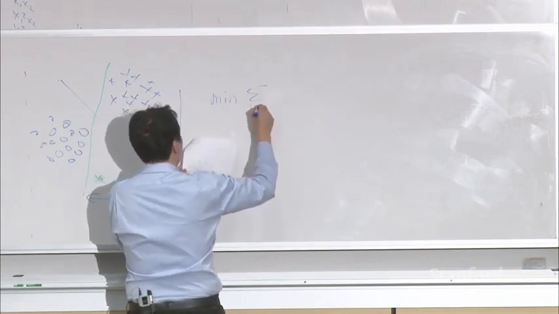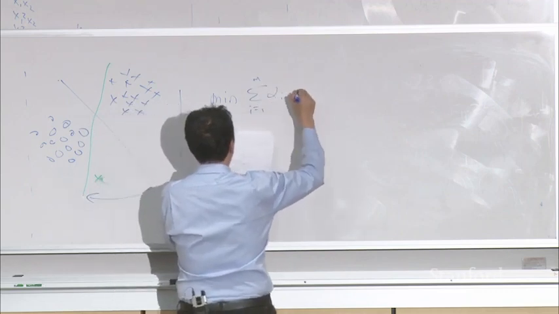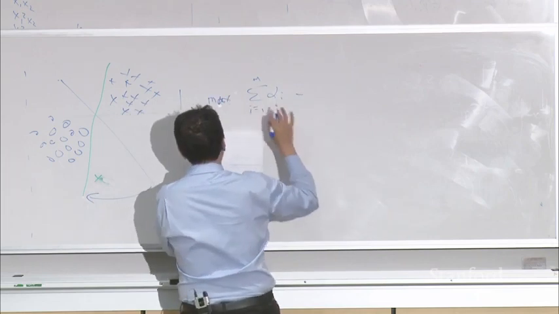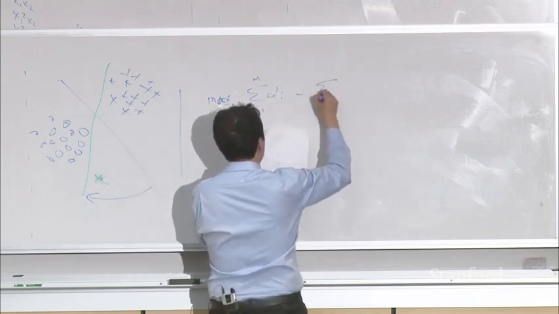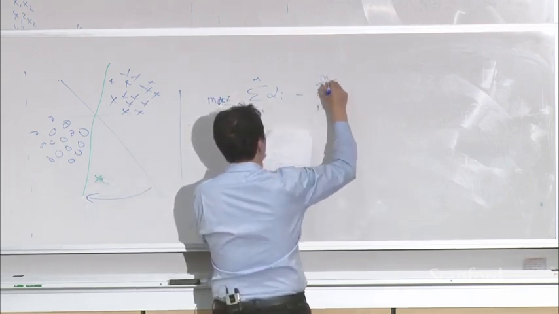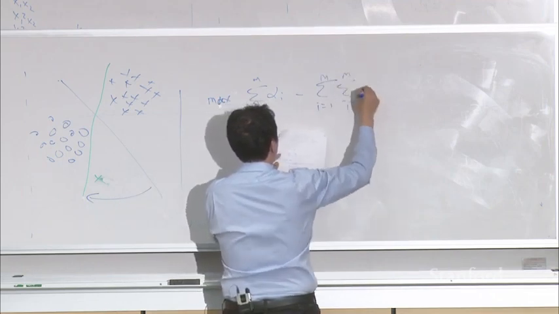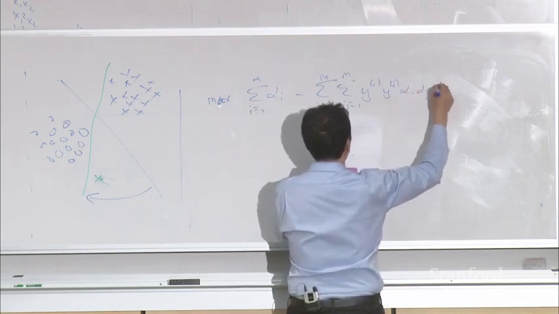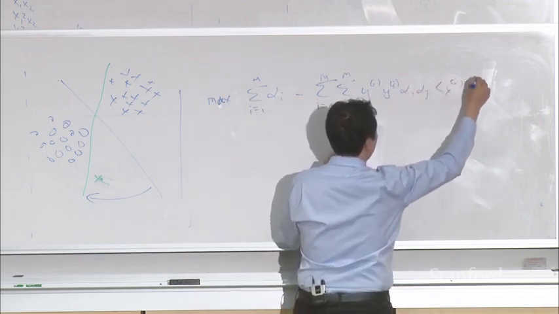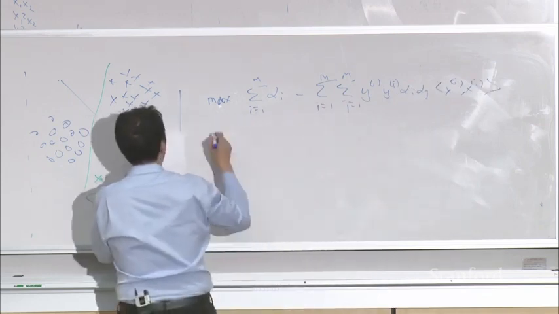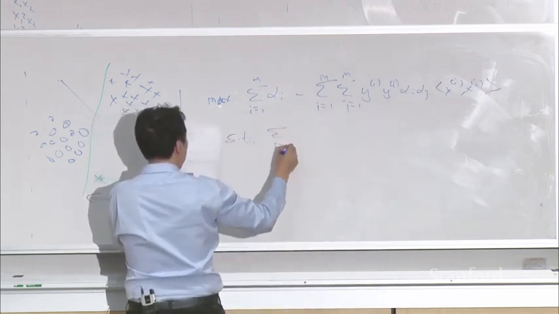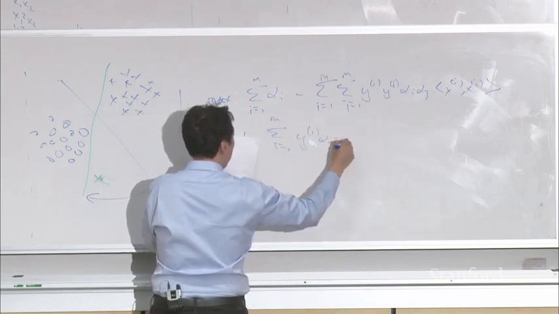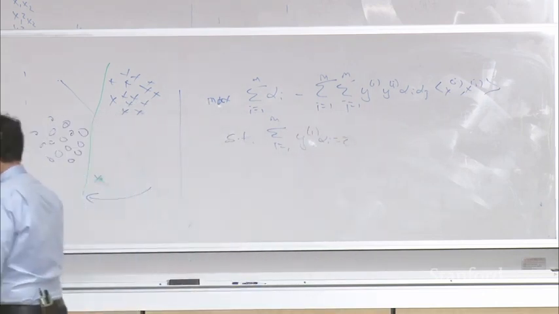Right, after the whole representer theorem derivation, this is just what we had previously. I've not changed anything so far.